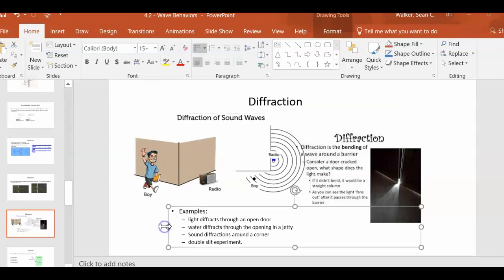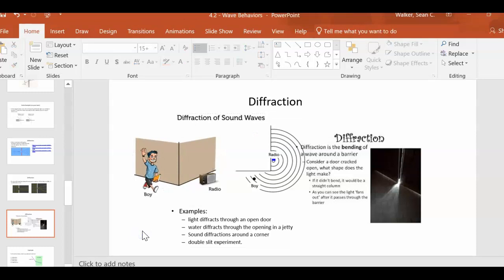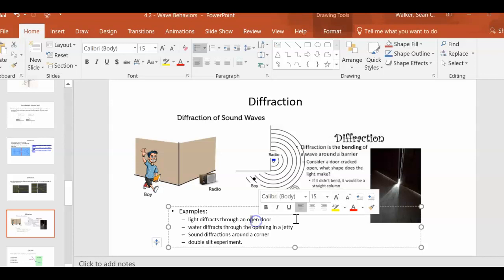Even if you can't see the radio, what happens is, if you look at this picture right here, the sound waves from the radio are going to spread out. And because they're going to spread out, when they hit this corner right here, they're going to spread out around the corner. And so the boy can hear the radio sound, even though he can't see the radio, he can hear it because the sound wave is going to diffract. Okay, that's an example of diffraction.